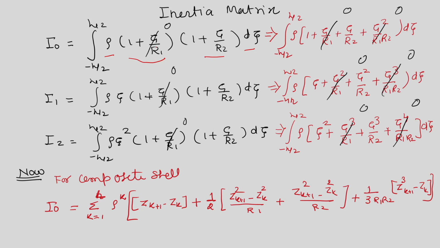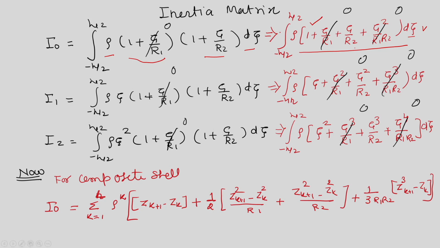For a doubly curved shell this term may exist. If you open it further, it looks like this complete expression. But for the present case, the second term and fourth term will not exist. It will contain rho times (1 plus zeta by r2) d zeta, so we will integrate over this.